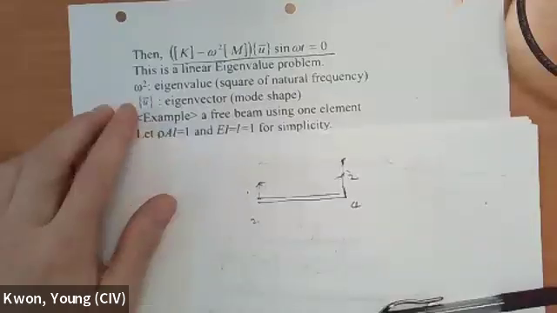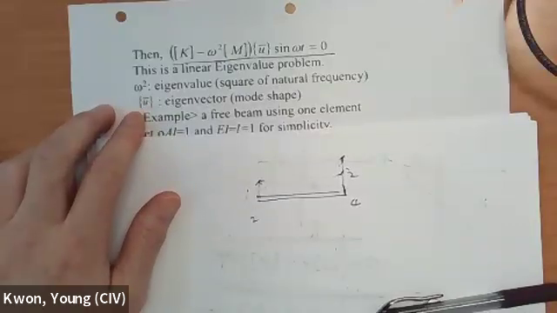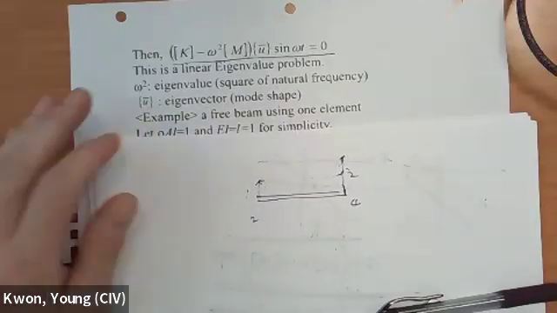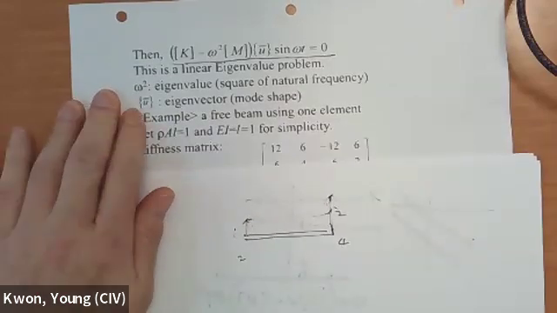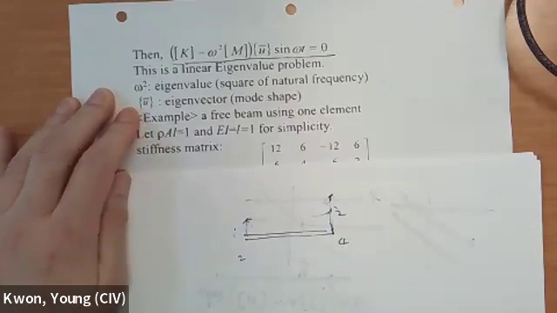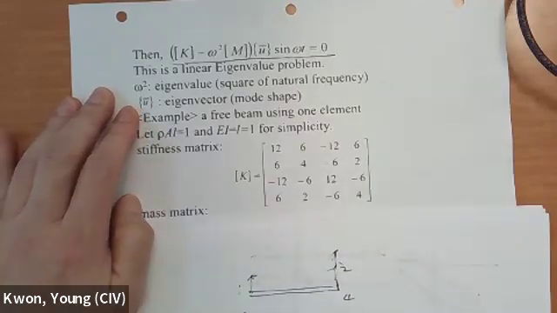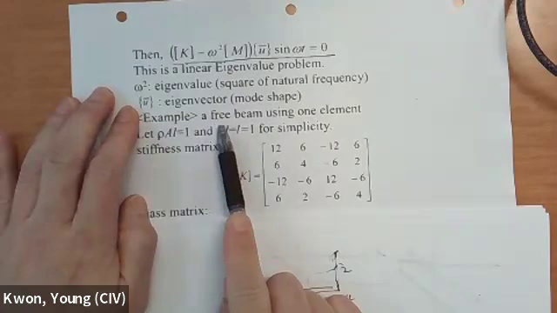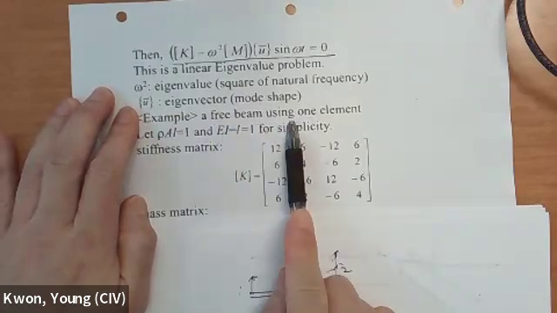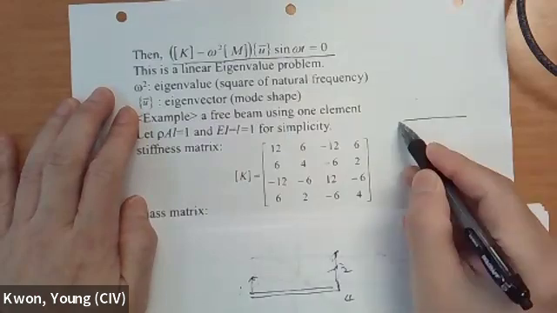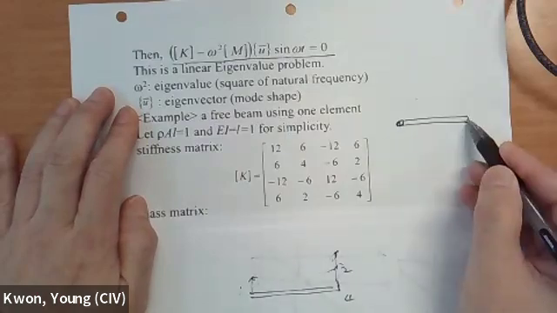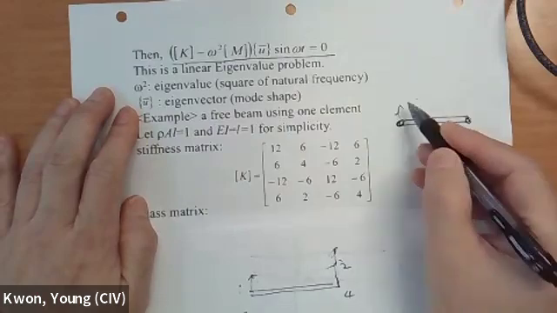All right. So this eigenvalue problem is actually to find such natural frequency and mode shape. So let's look at an example problem here. Again, for simplicity, we are looking at free beam vibration using a single element, just one element. So 2 nodes and 4 degrees of freedom.